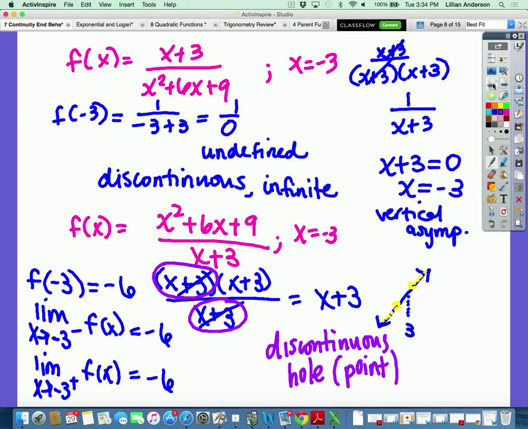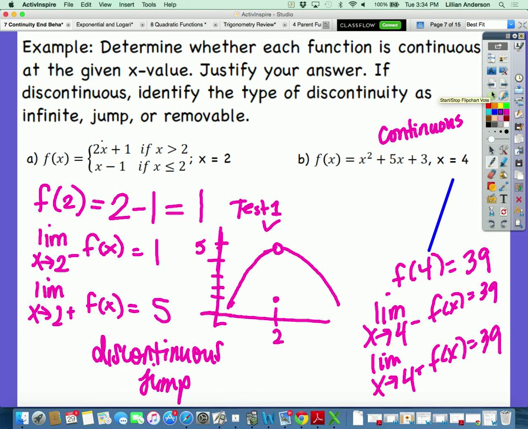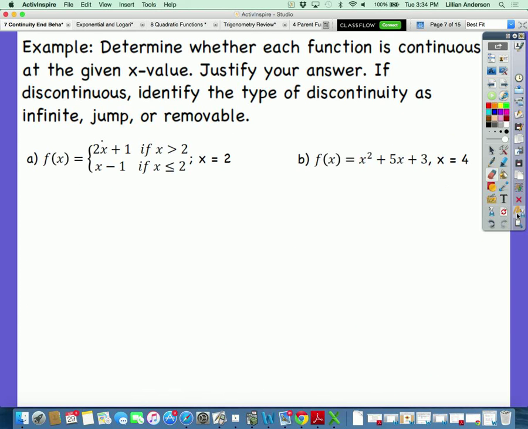Let's look at another example. Okay? I believe I got through A in all my classes. B, I don't think I did. B is a quadratic function. And we talked about quadratic functions before. Quadratic functions look like a U, and at any point in time, am I ever going to lift up my pencil?